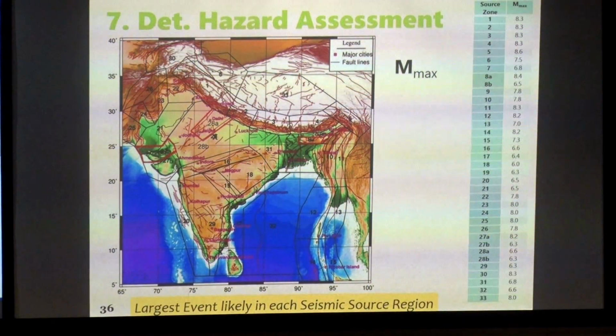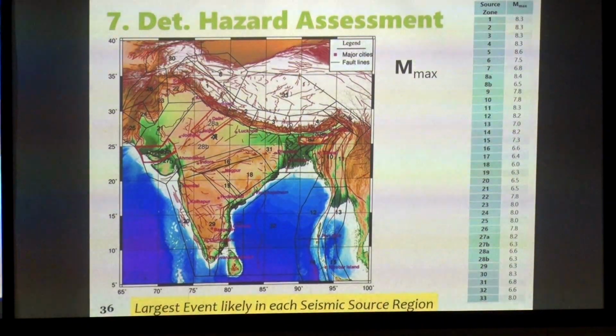But then a need was felt to also do a standard deterministic hazard assessment and see that none of the numbers that we have got are way off from the general understanding of the seismicity of the region. So that was also carried out.